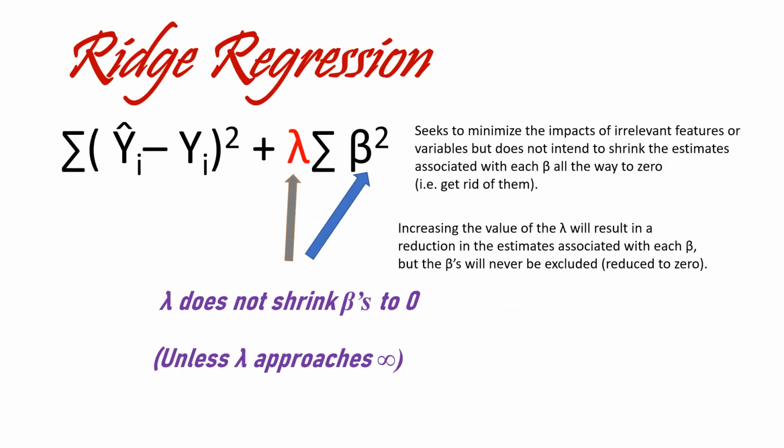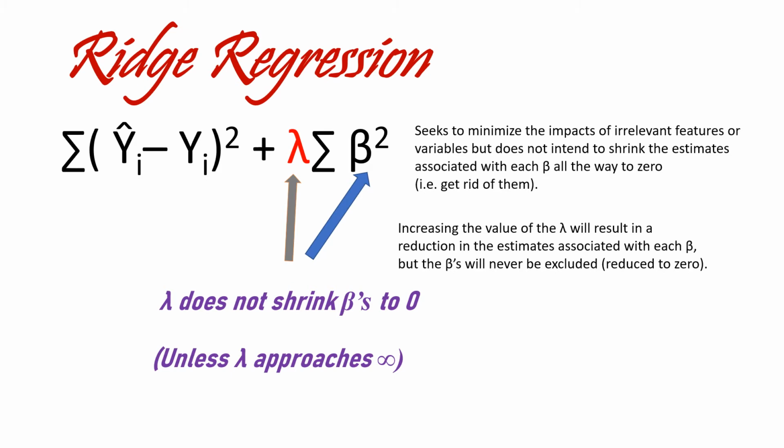Ridge regression seeks to minimize the impacts of irrelevant variables by shrinking the estimates associated with each beta, or to make them lower, but not the intercept. Ridge regression does not intend to shrink the estimates associated with each beta all the way to zero, in other words, to get rid of them.